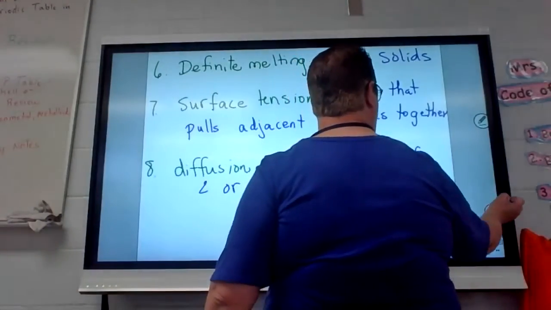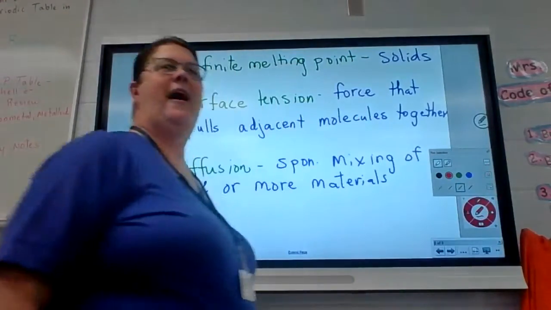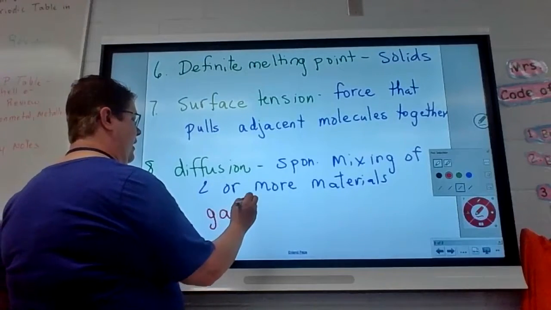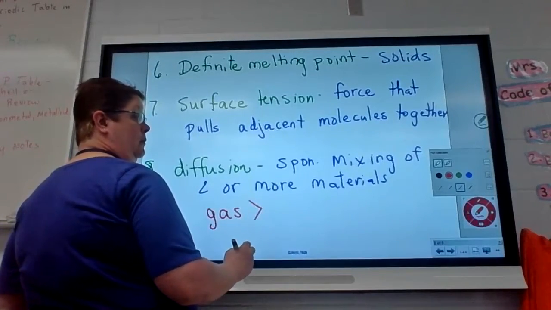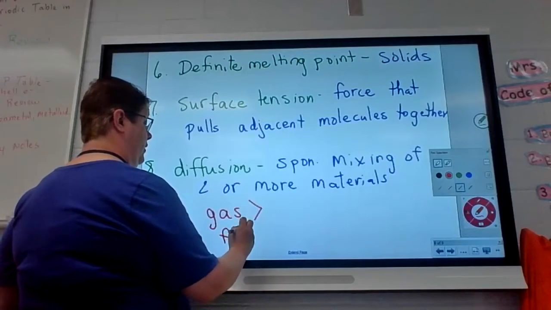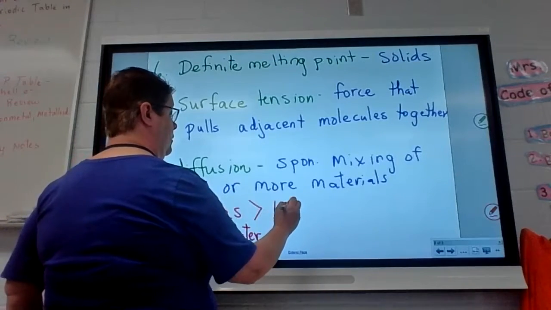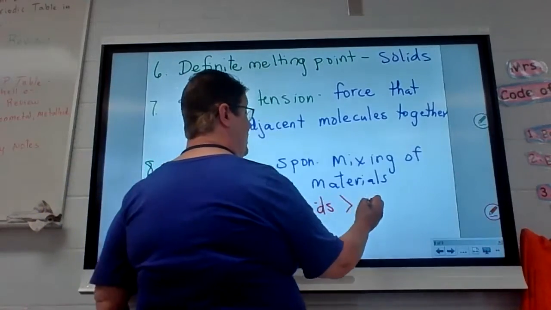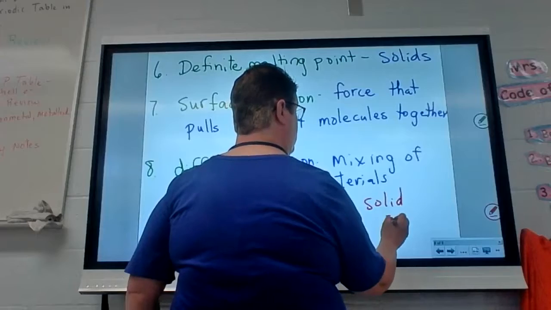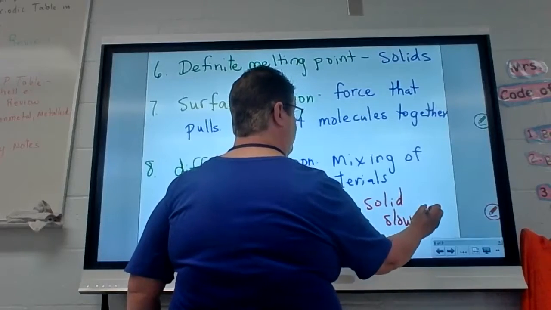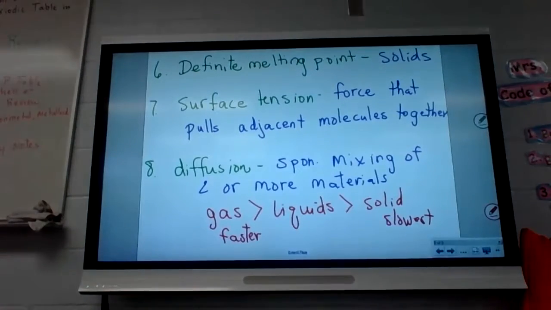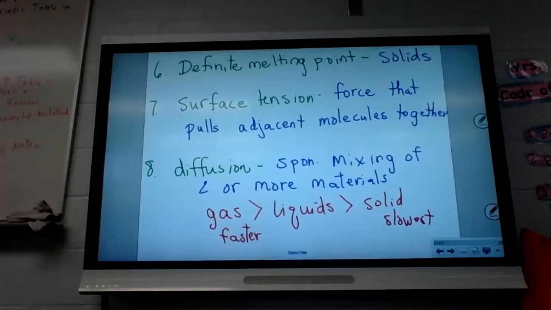Now, based on what we've talked about, which would be the fastest? Gases will be much faster than liquids. And which will be the slowest? Solids will be the slowest, because their particles are in fixed positions, so it's much harder for them to move.